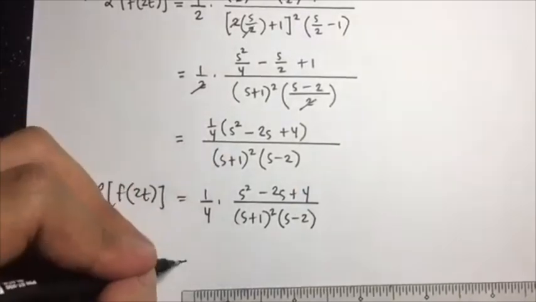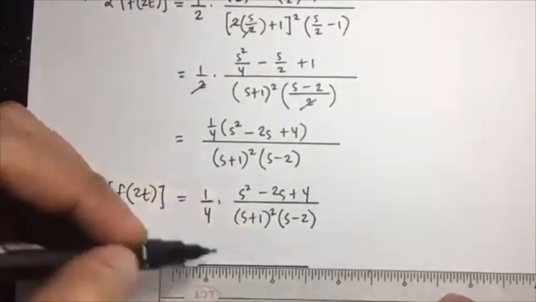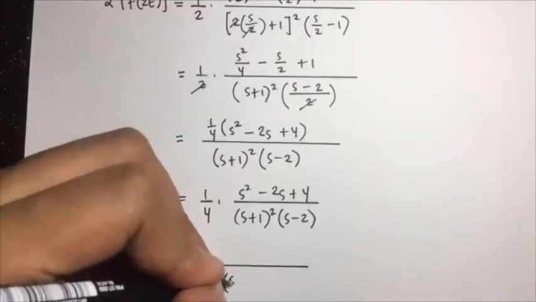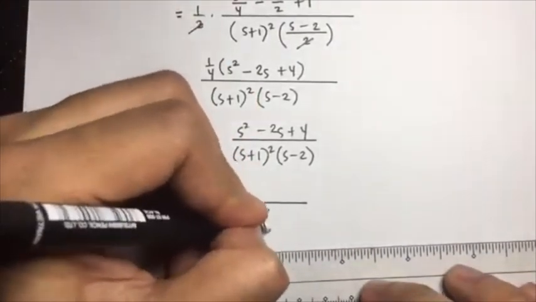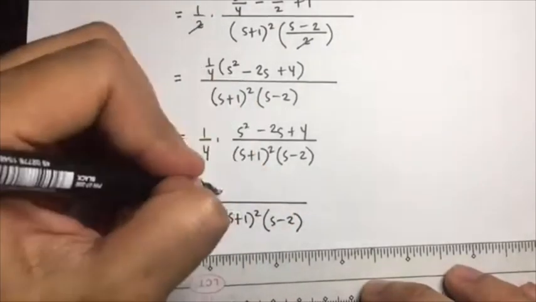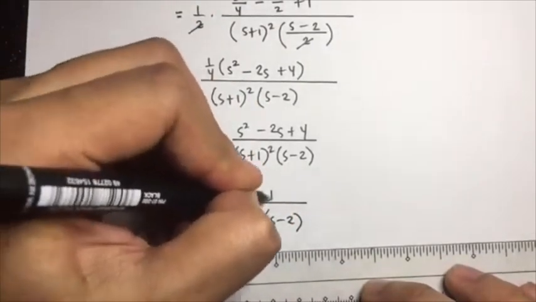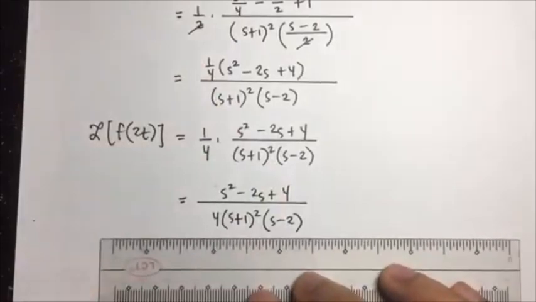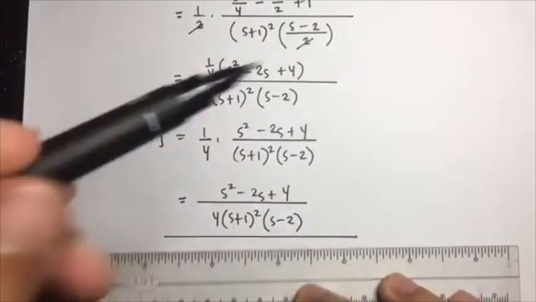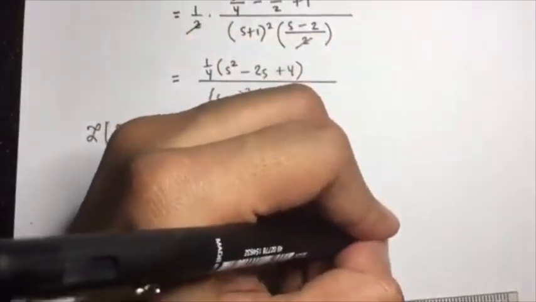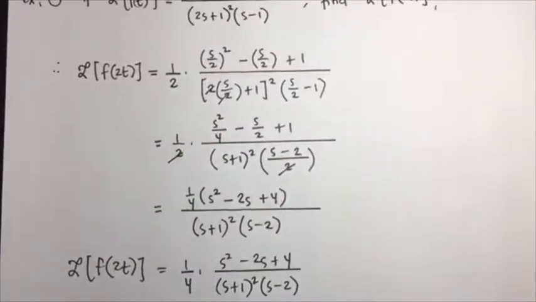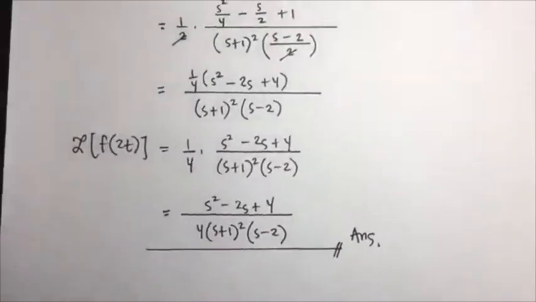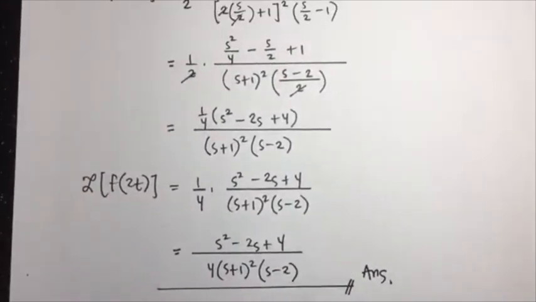Or you can combine them: s squared minus 2s plus 4 over 4 times s plus 1 squared times s minus 2. So that's it. All you need to do is apply your algebra skills in simplifying.